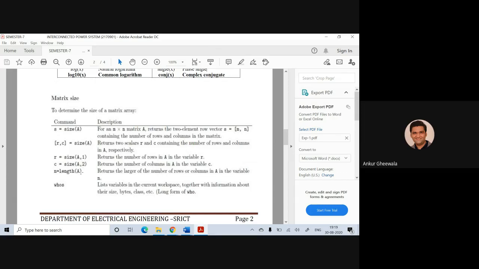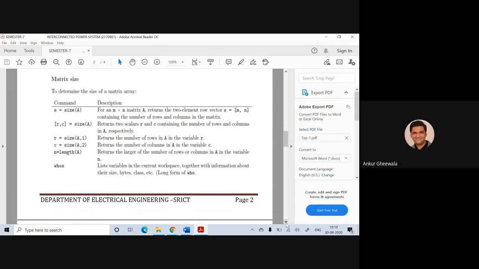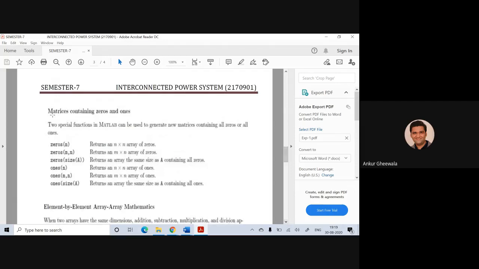Then n is equal to length of A. It will give the length of either the row or the column. Suppose my matrix size is 3 cross 4, it will give the maximum value 4, which is considered the length of the matrix. Similarly, if you want to find a zero matrix, that can be done with zeros of n.